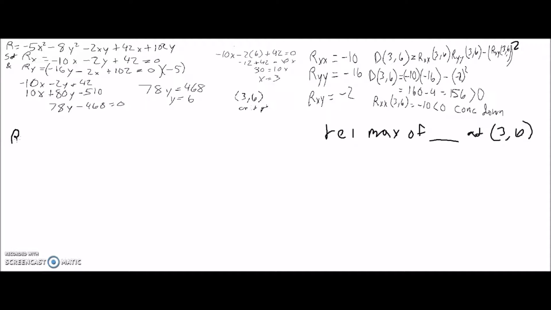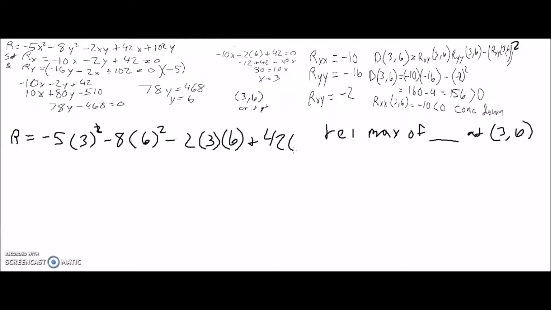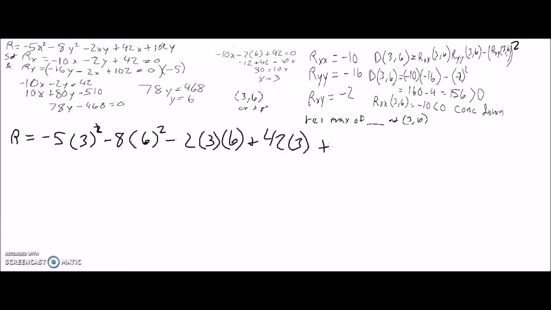R is equal to negative 5 times our x, which is 3 in this case, squared, minus 8 times our y, which in this case is 6, squared, minus 2 times 3 times 6, plus 42 times 3, plus 102 times 6.